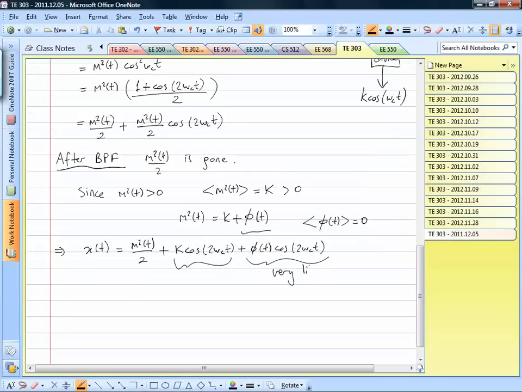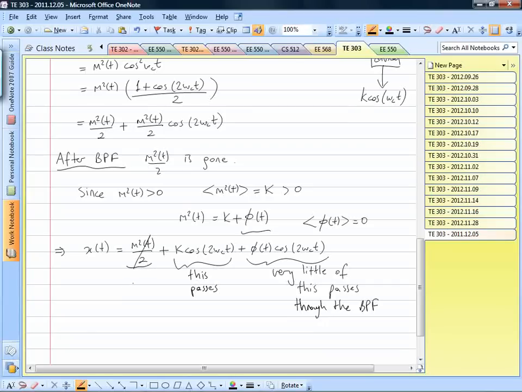Very little of this passes through the bandpass filter. This one passes, of course, and this again is cancelled.